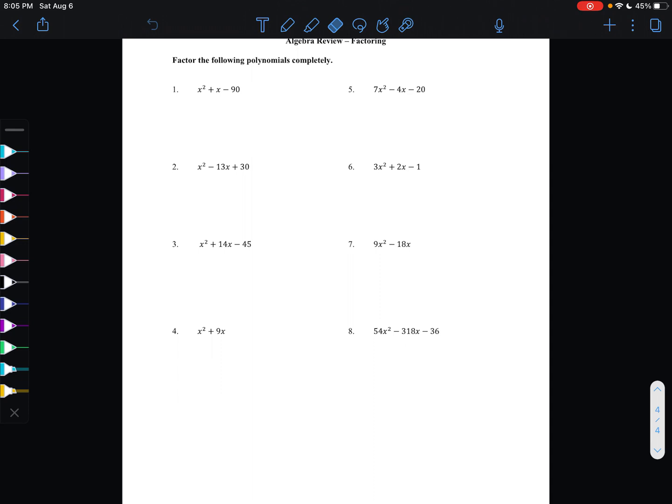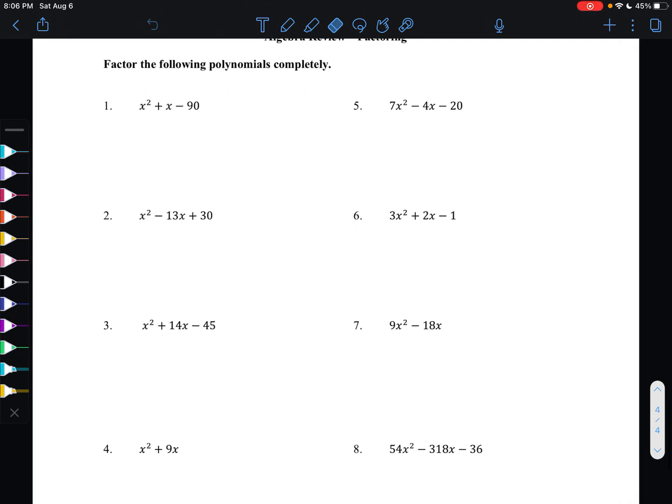As long as they have three terms, we can do factoring by grouping, and as long as they have an x squared, an x, and then a number without a variable with it. So if we look at 1, 2, 3, 5, 6, and 8, all of those are in the form that we need it to be in order to do factoring by grouping. And if you look at numbers like 1 through 3, notice that the x squared doesn't have a number in front of it, but for questions 5, 6, and 8, there is a number in front of x squared.